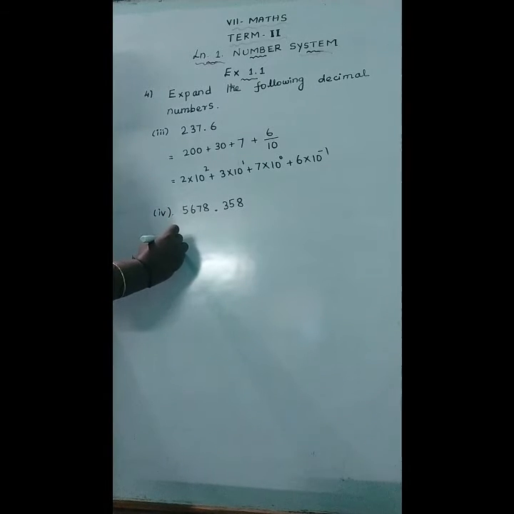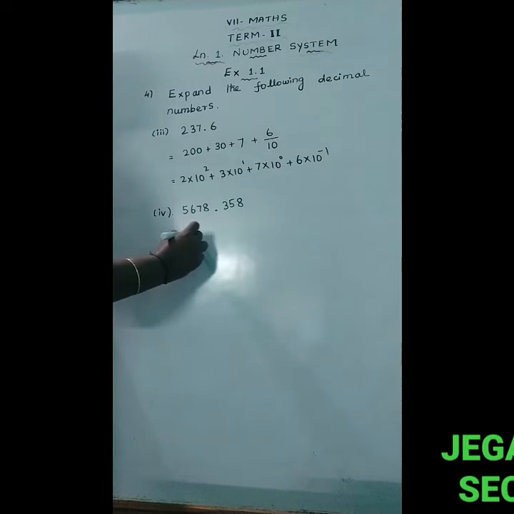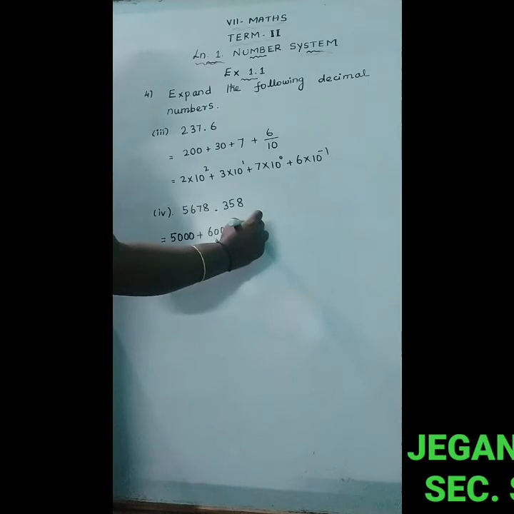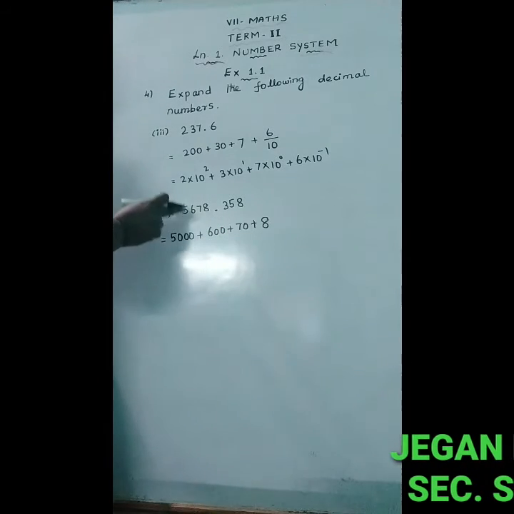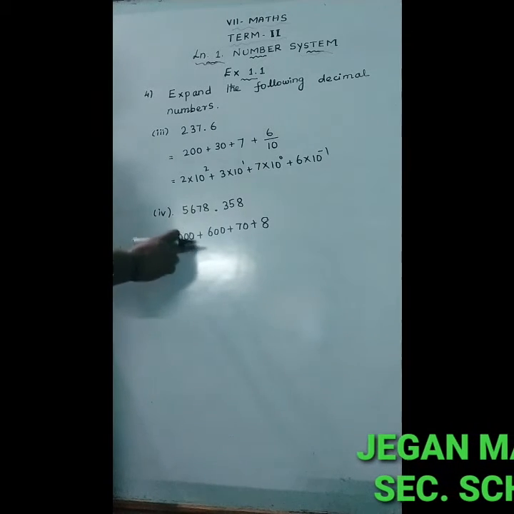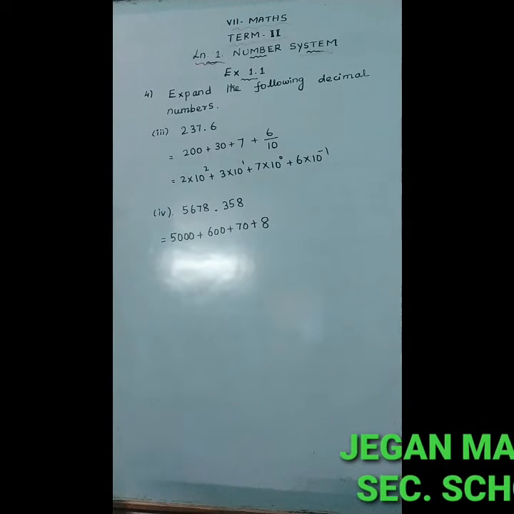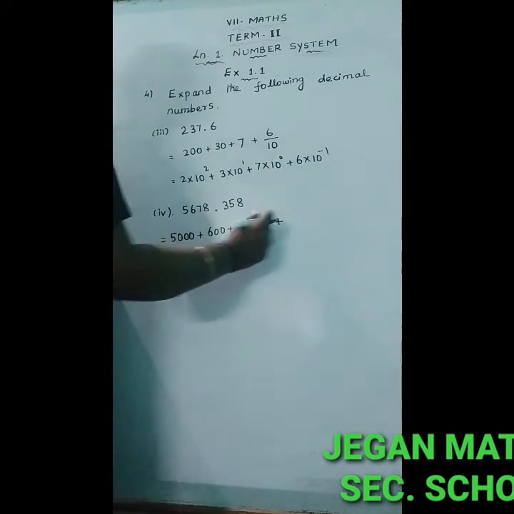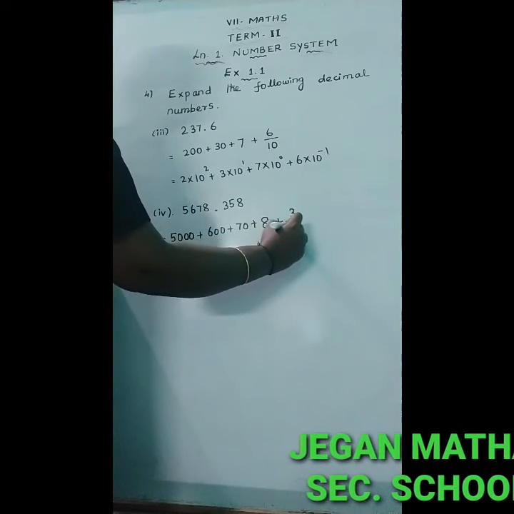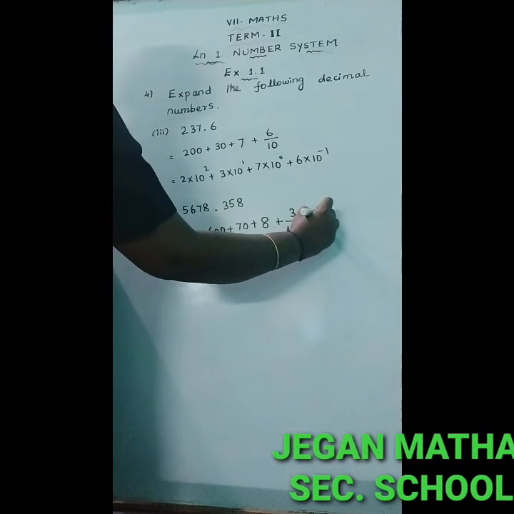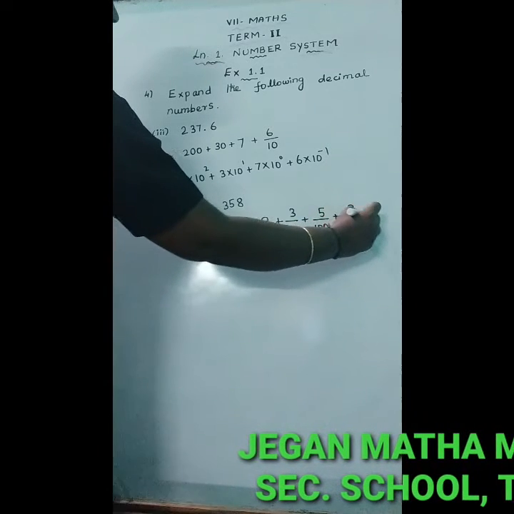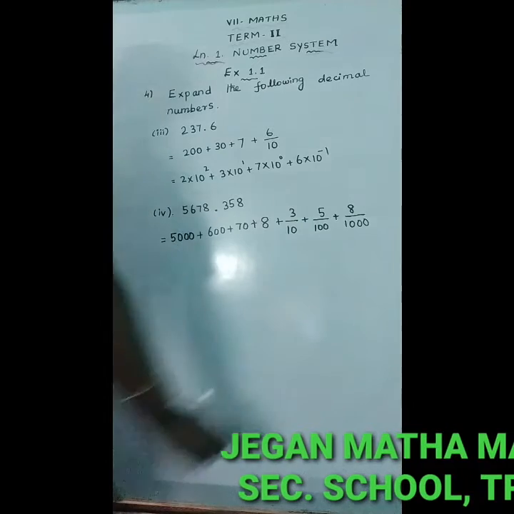This is the 100 place, the 1000 place, so 5000 plus 600 plus 70 plus 8. So 5678 we change into 5000 plus 600 plus 70 plus 8, plus, after the decimal point, the tenths place, 3 divided by 10, plus 5 divided by 100, plus 8 divided by 1000.